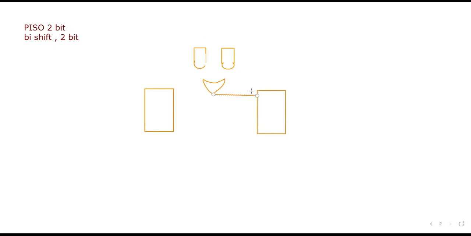So the output would be provided over here like this. The output of the first flip-flop would be provided to this, and the output of this gate would come over here, and this would be here also. Now this can be our output.